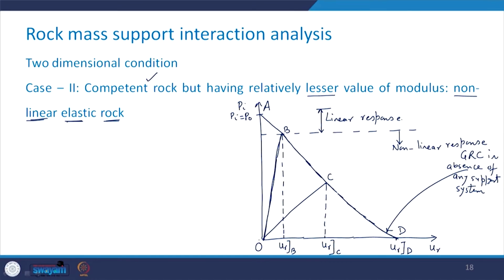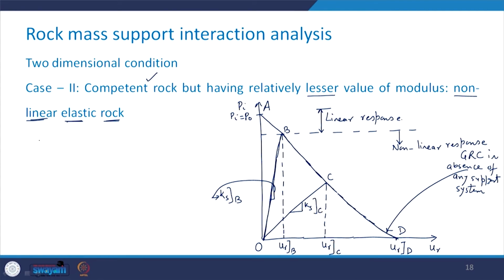This is the point O. Now the stiffness of the support system in this case is going to be Ks at B, and here it is going to be Ks at C.